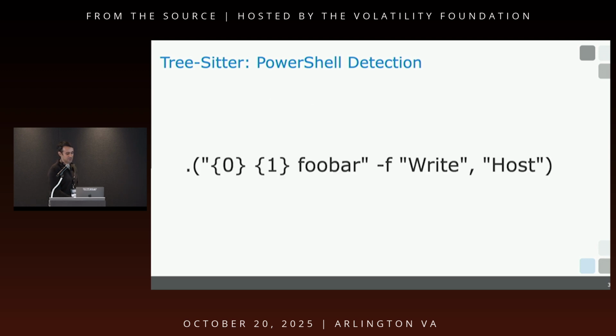Like this. We're looking for an invocation operator with a format string inside of the parentheses. Now you can imagine that would be very difficult to write a regular expression for, because you have no guarantees about what order these two placeholders are going to be in. But with TreeSitter, you can query this exact structure.